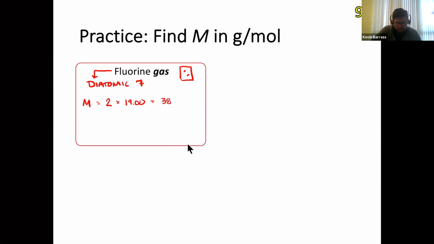That's going to be 38.00 grams per mole of F2. And again, the reason being is that if we had a container, the particle would be an F2 particle.